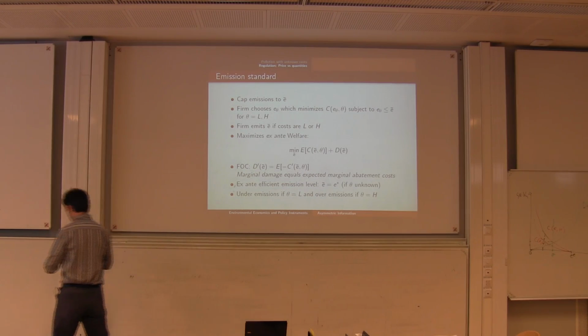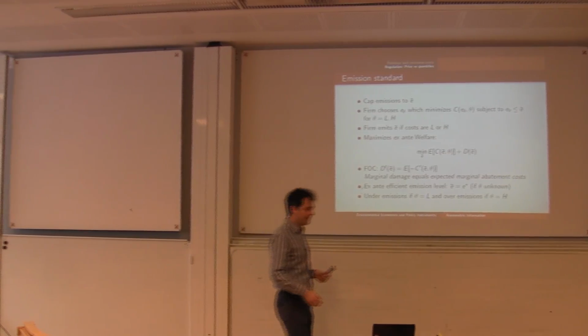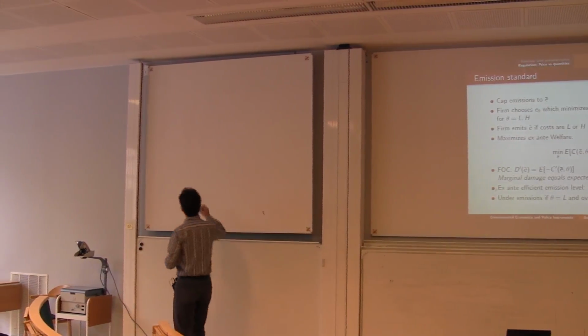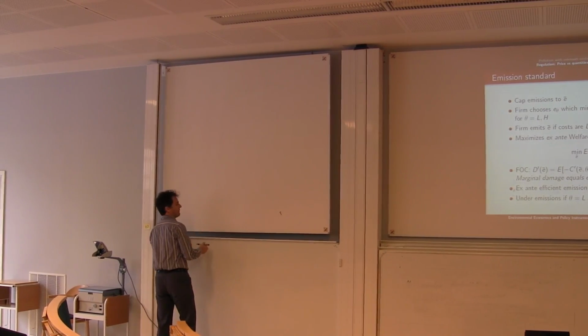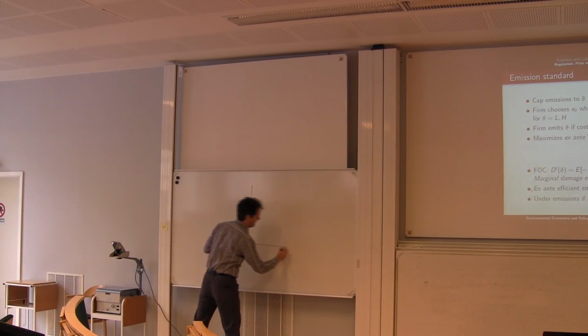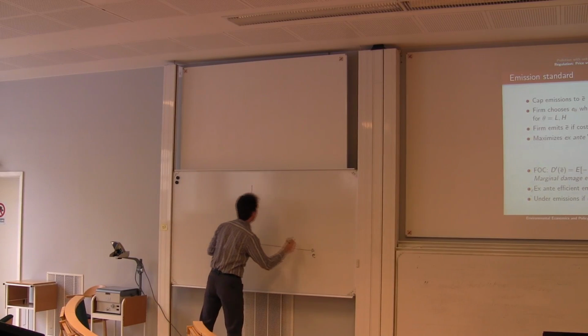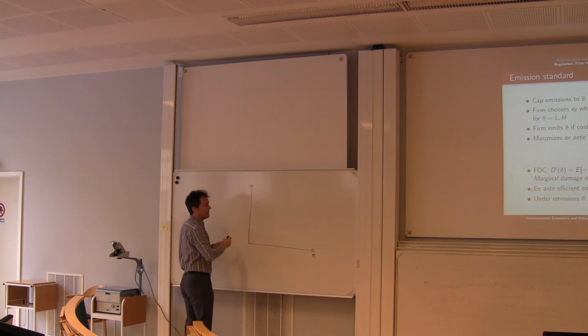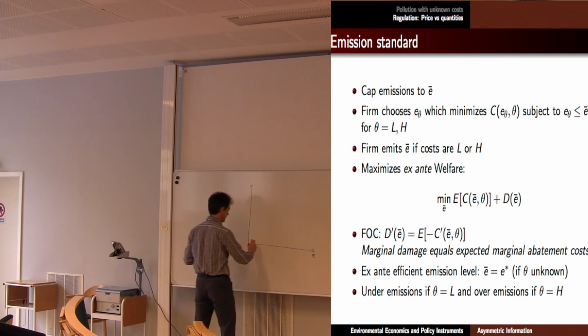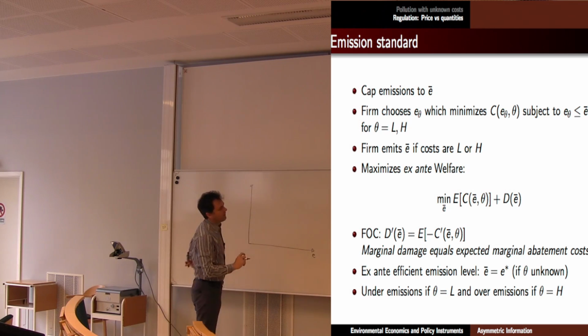So I can draw a nice picture out of that. So this is emission. Let's write down, let's say, for instance, some marginal abatement.